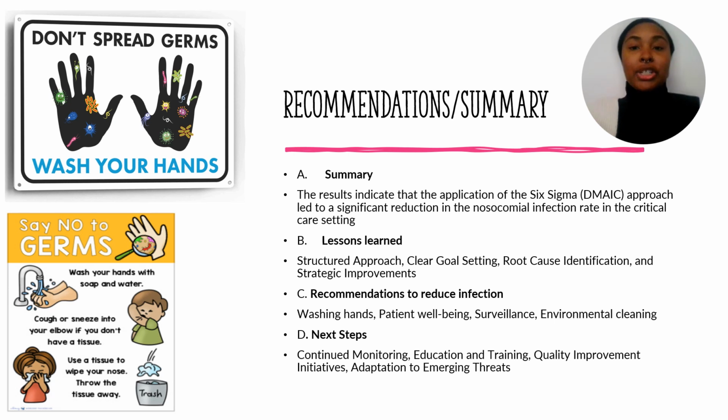Healthcare facilities should remain vigilant and adaptable to emerging infectious disease threats. Preparedness plans should be in place to respond effectively to new challenges as they arise. By taking these next steps, healthcare facilities can build upon the progress achieved in reducing nosocomial infections and further strengthening their infection prevention and control efforts in the critical care setting.